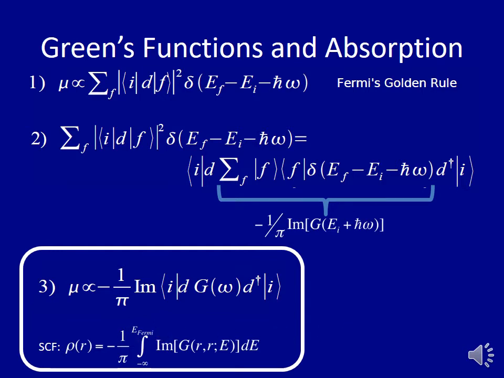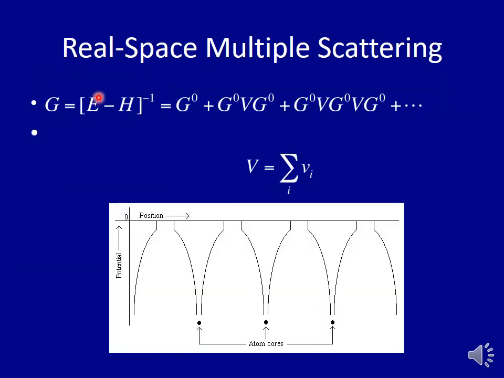Okay. So, how do we actually calculate the Green's function, though? Like I said, you can think of it as solving a differential equation, but the other way you can think of it is that a Green's function is an inversion of the Hamiltonian, or E minus H in this case.